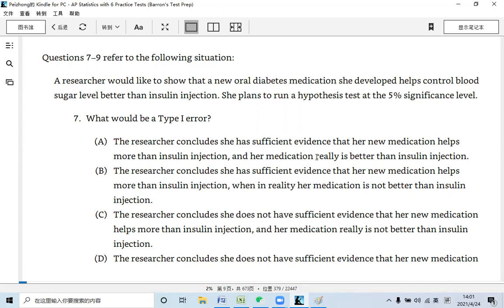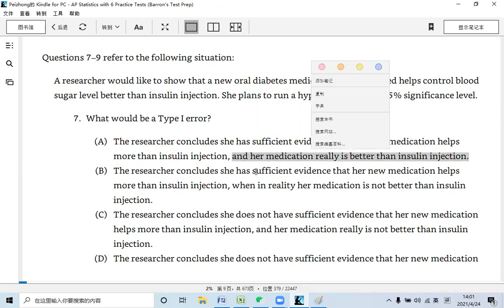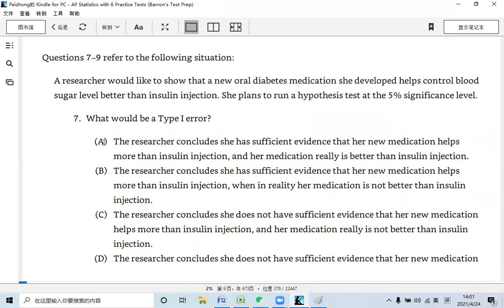And her medication really is better than insulin injection. Is she making a mistake? Is she making an error? No. Her medication really is indeed better than the insulin. She's not making an error. She's making a correct decision to reject the no hypothesis. This is not a type 1 error.